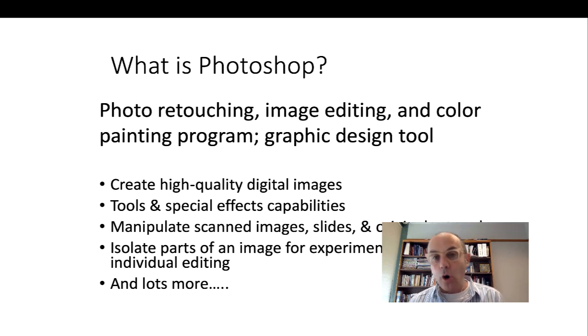I will not go over how to generate a Photoshop image. There's a lot of video on the web on how to do that. I highly recommend you search to see what you can find.